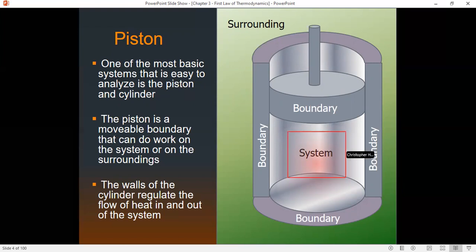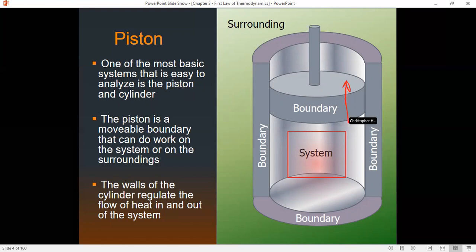It doesn't have to be a gas. You can actually use a liquid, or you can use something else. But normally, we idealize a system using a very simple gas, such as an ideal gas, or something that approximates an ideal gas.